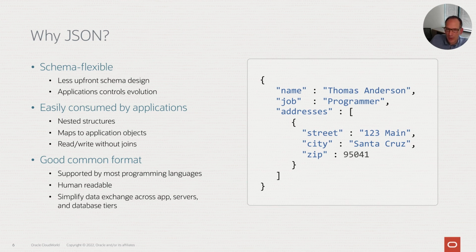Instead, you map it to one JSON. It also optimizes your read and write performance because you may not have to do a lot of joins in this case. And the other aspect is that it is supported widely. There are different APIs, it's human readable, and this really makes JSON these days a very widely used format.